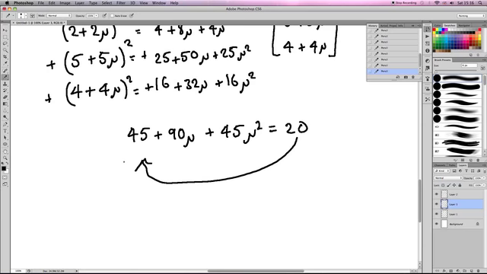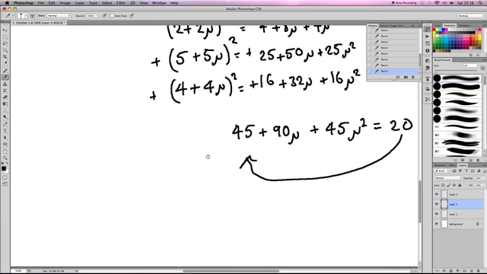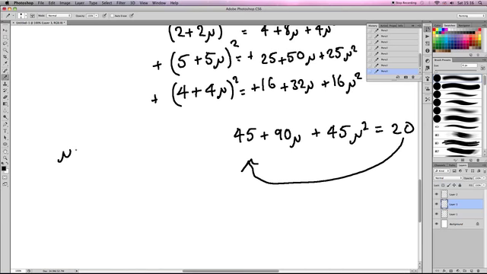If I solve that, I've got pretty horrendous numbers. So I've got mu is equal to minus 0.333 recurring, so let's just call it minus a third. And we've also got this one here, mu is equal to minus 1.6 recurring as well. Yeah. So what's that? Minus 5 over 3?